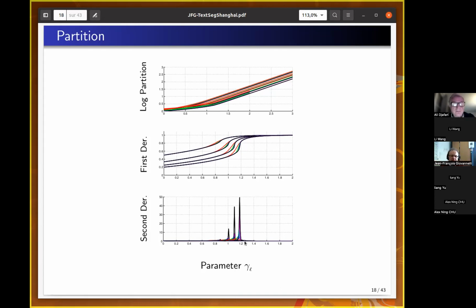For very large images, we have a singularity in the second derivative, an infinite first derivative, in relation with fast transition of particle systems. It depends on the number of classes, 2, 3, 4 classes, and it's also more true for large images.